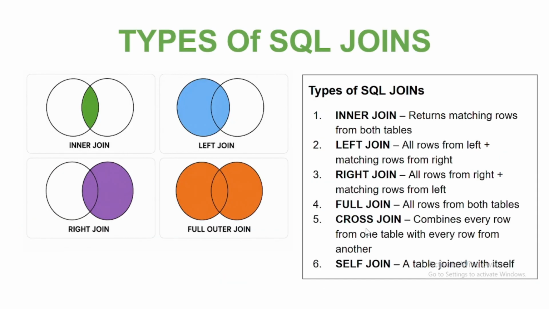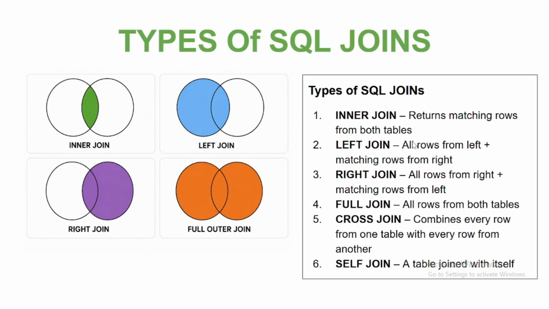The next thing, then we will understand the types of SQL joins at a high level, because we are going to mainly focus on inner join in this tutorial. These are basically Venn diagrams for the SQL joins. So there is inner join, which returns matching rows from both tables. Whenever common column values match in both tables, it will return those matching rows. Means if this is table 1 and table 2, this returns the matching rows.